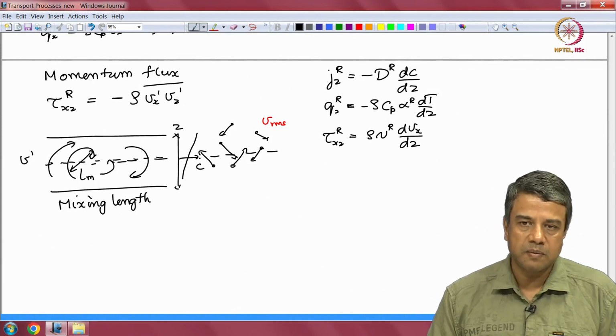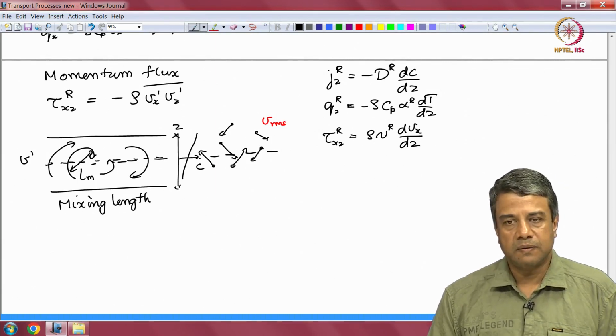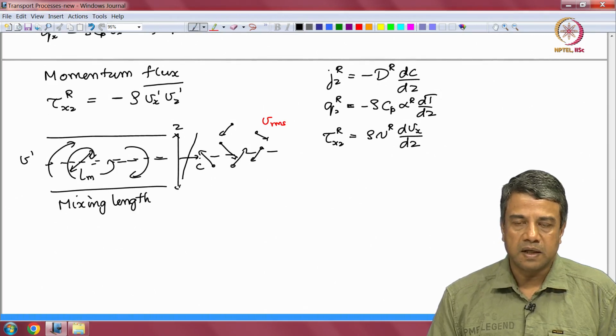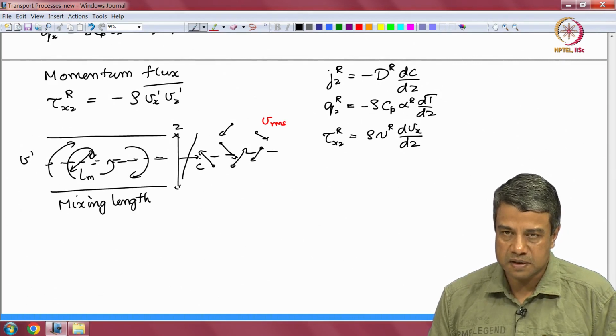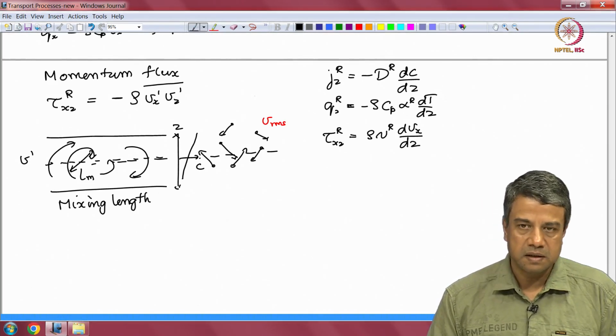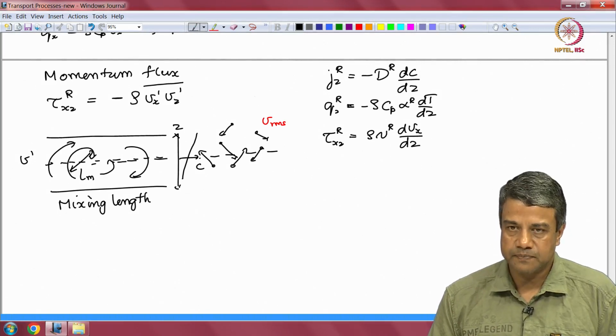The second thing to remember is that this is an approximation. If you recall, when we looked at molecular diffusion, we had expanded the concentration field in a Taylor series expansion about the surface with the assumption that the molecular scale, the mean free path, is much smaller than the system size.